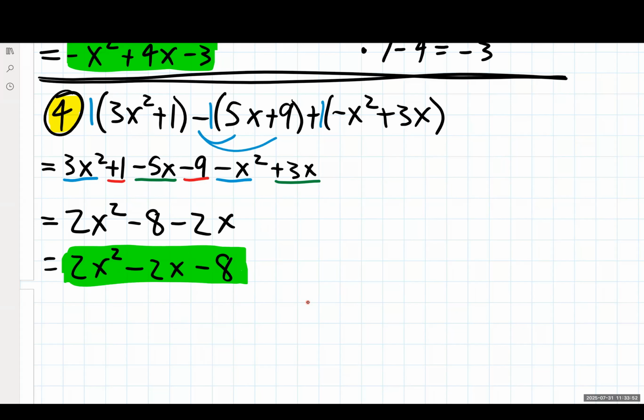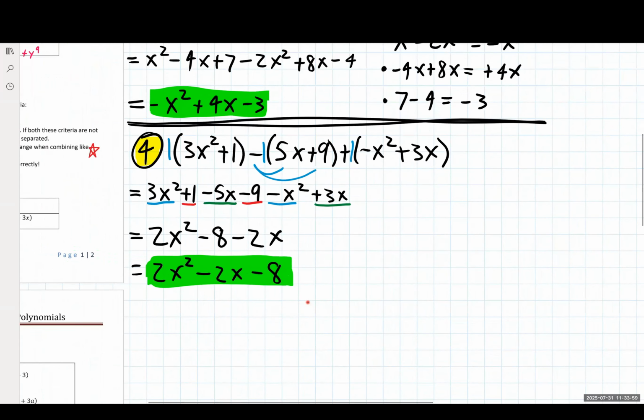The last part I want to touch on, just to give everyone a heads up with these: when we are adding or subtracting the coefficients together, remember that the variable and the variable exponents have no influence or say in how those coefficients add or subtract together.